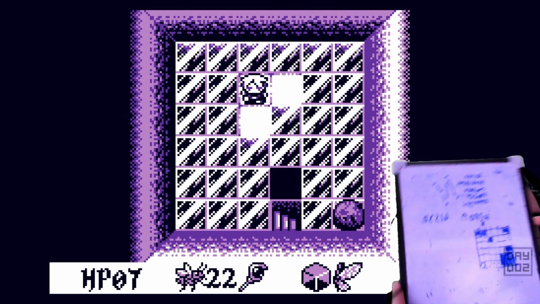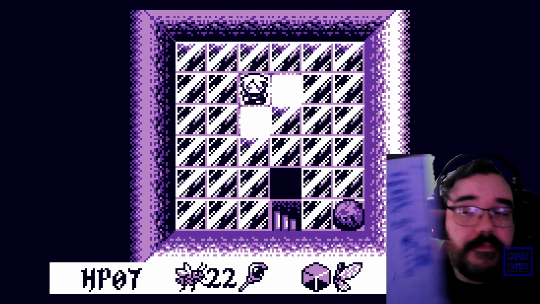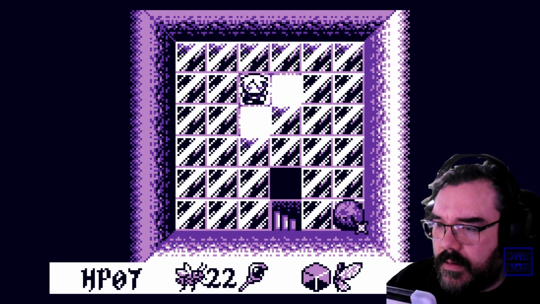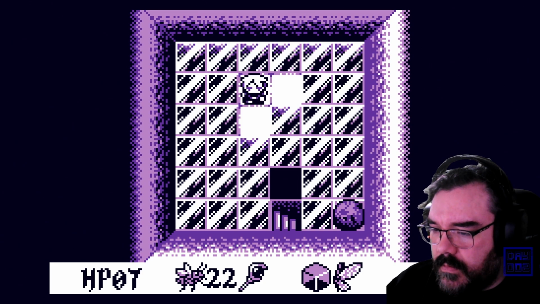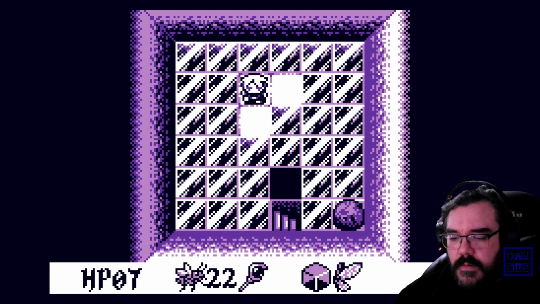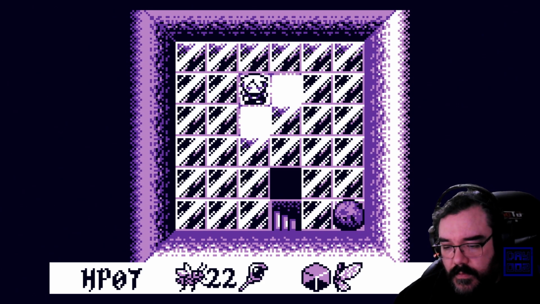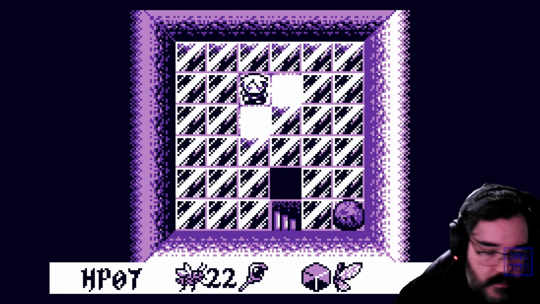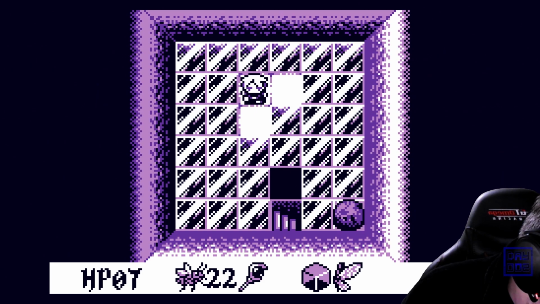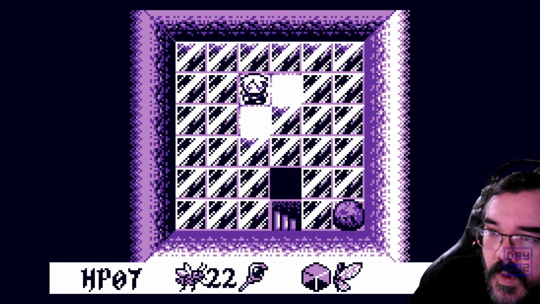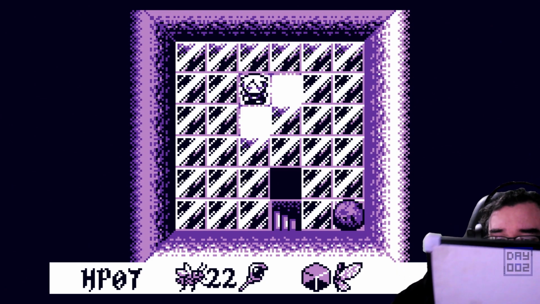You can see my previous attempt at this puzzle as well, right there. What does that say? We know that block cannot be moved.